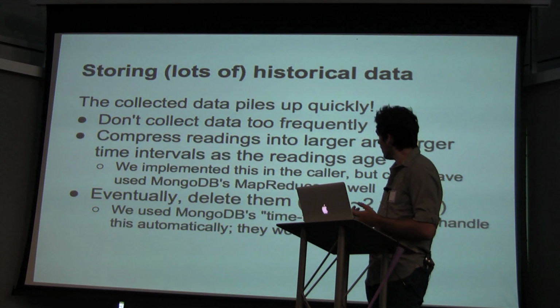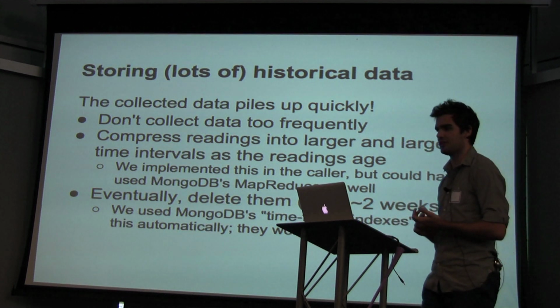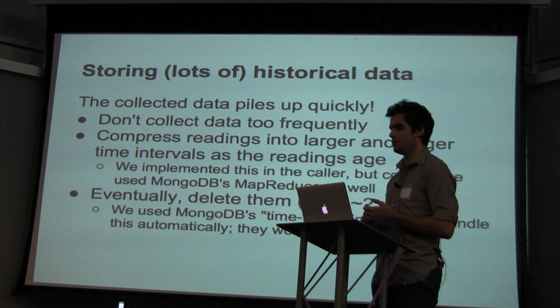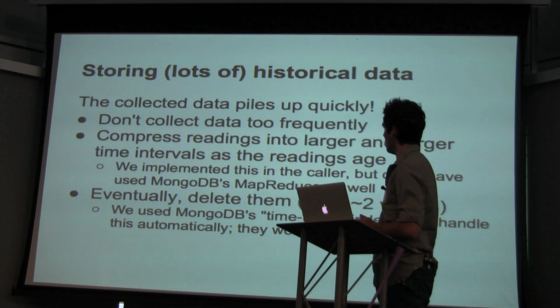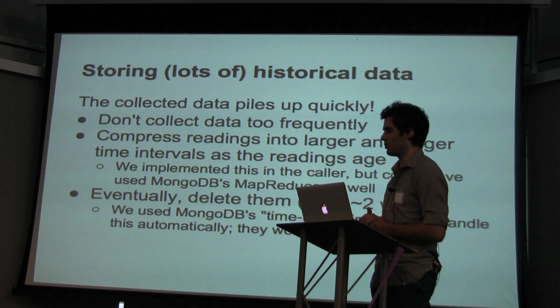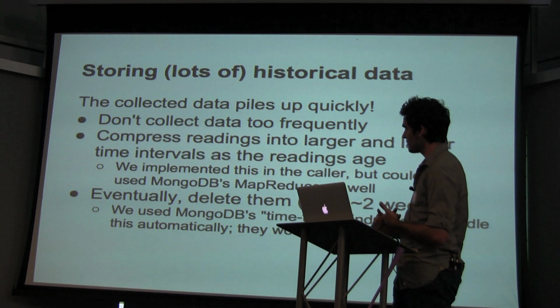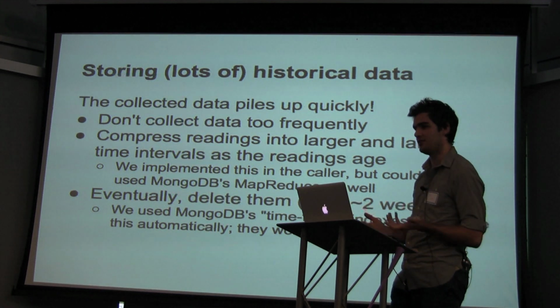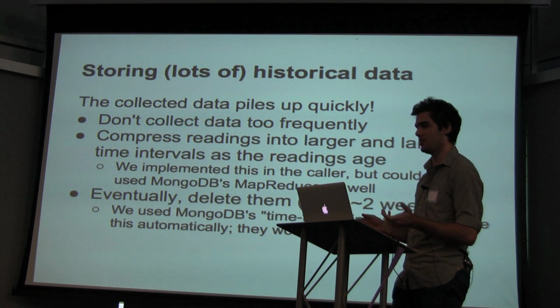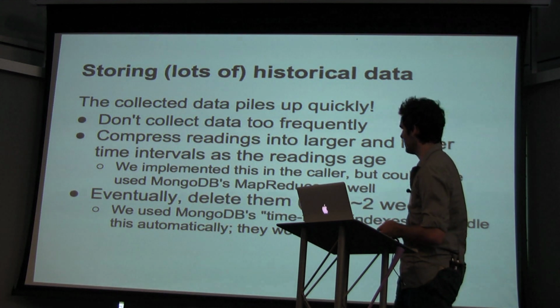So the problem that comes up immediately after you start collecting data constantly is that you're going to store a ton of data. In order to reduce the amount you have to store, these are some basic ground rules that we're following. Don't collect data too frequently. 5 seconds is plenty fast enough to have a nice interactive screen where you can see the data points coming up.